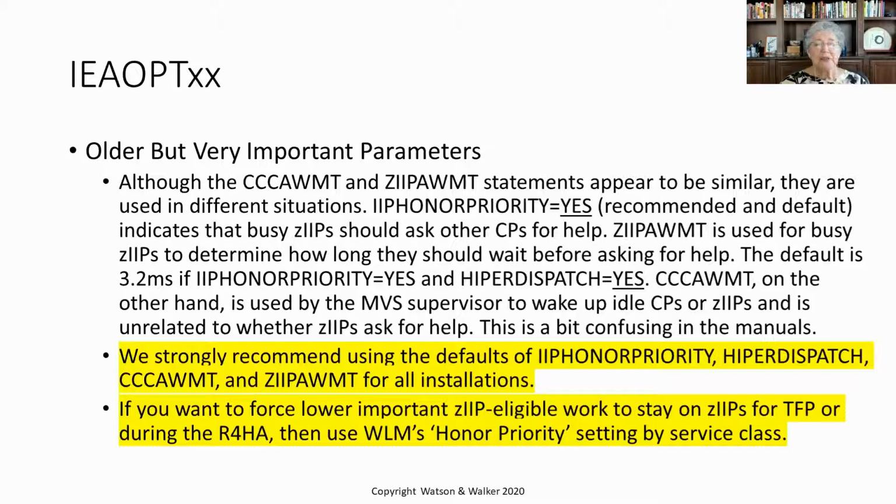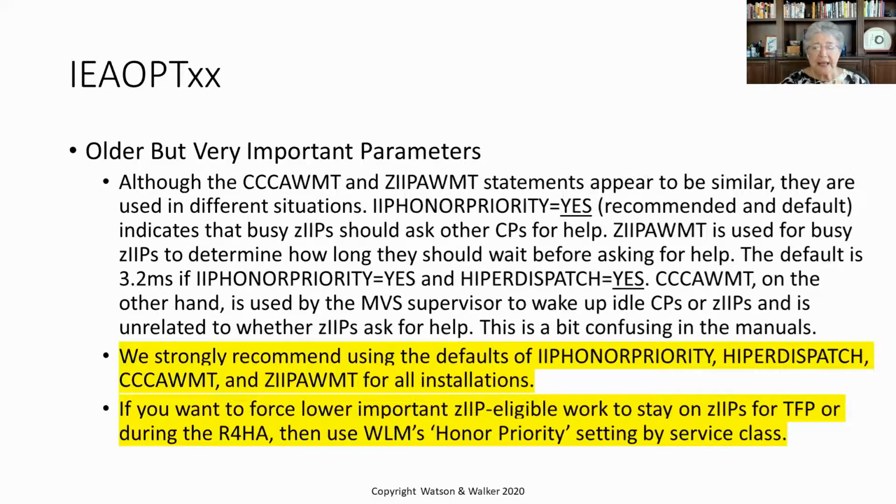So after I figured them all out, my conclusion is don't set them. Leave them at their defaults. For IIPHONORPRIORITY=YES, HiperDispatch yes, CCCAWMT and zIIPAWMT, whatever those parameters are, don't set them.